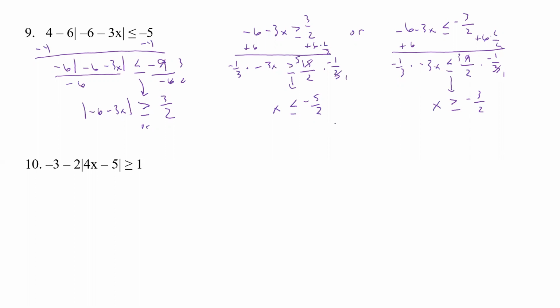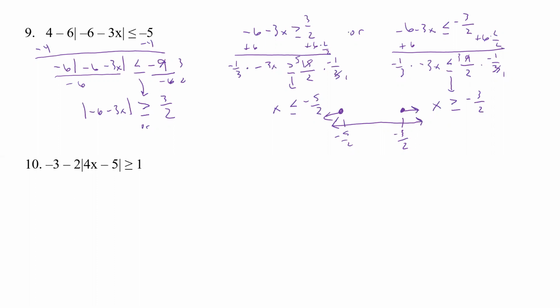And so now, negative 5 halves is negative 2.5, so that's going to be smaller, and negative 3 halves is going to be bigger. And so it's going to be x less than or equal to this one, or greater than or equal to that one.